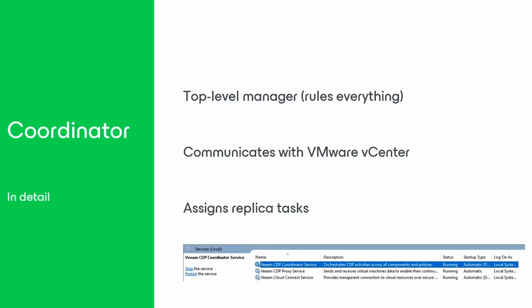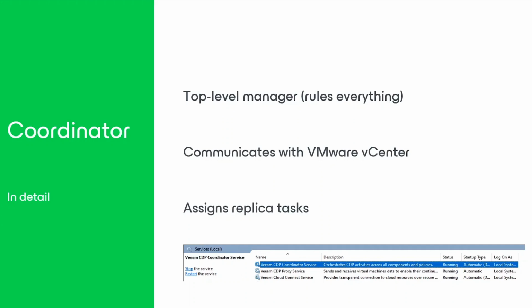Now, if the coordinator goes down, then everything will still work. CDP policies that exist already will continue replicating. We will create and remove short-term restore points, but no long-term restore points will be created or removed because it's the coordinator who manages them. And if it's not available, it cannot manage them, right?